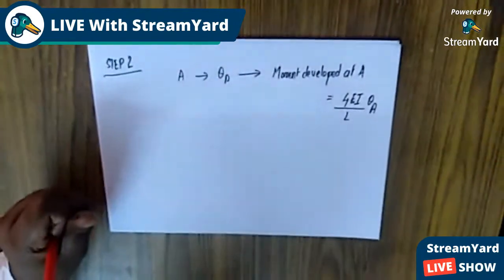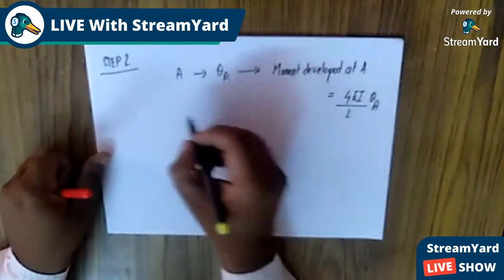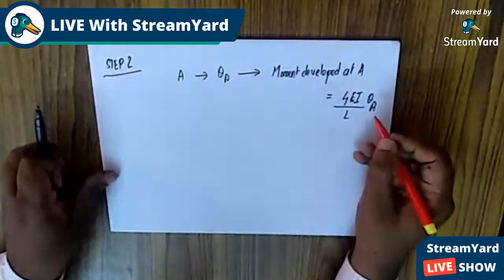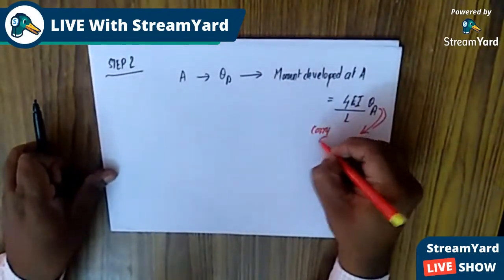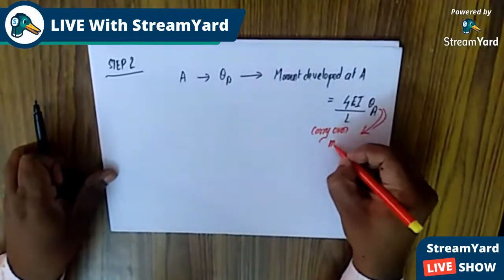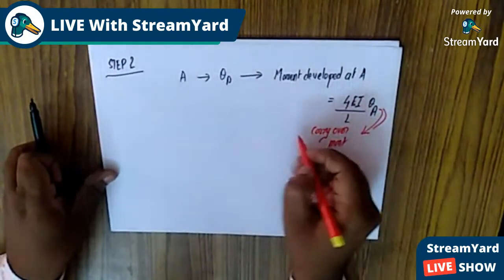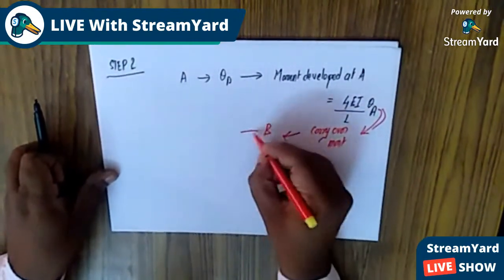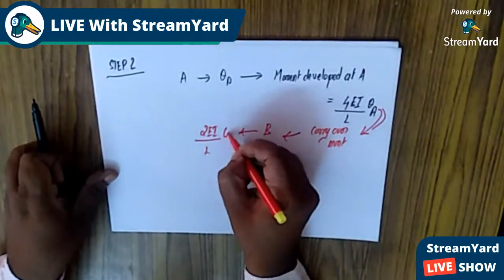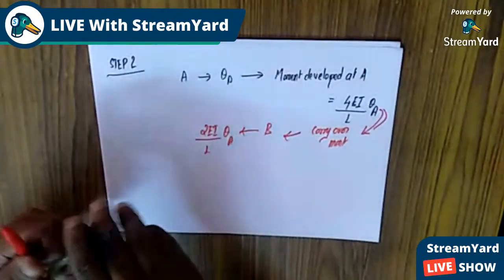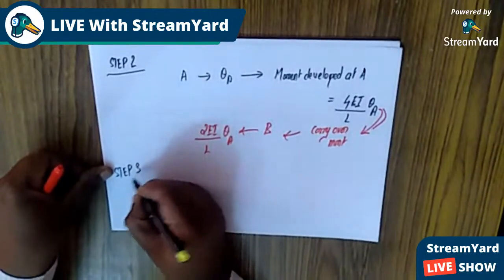Due to this moment developed at end A, the carryover moment developed at B will be equal to 2 EI upon L theta A. Next we are proceeding to step 3.